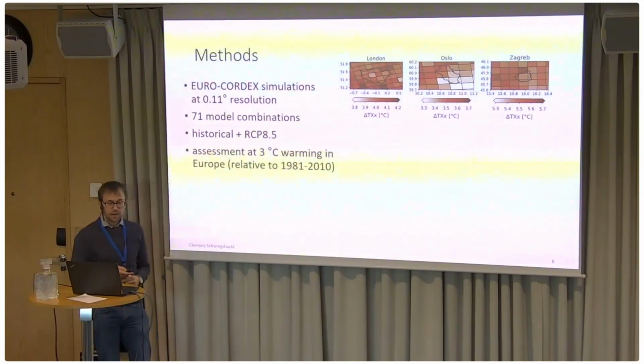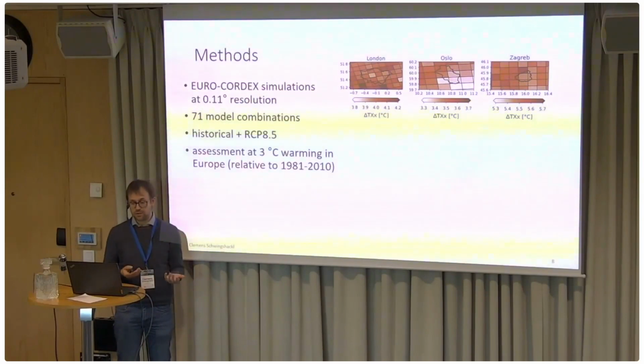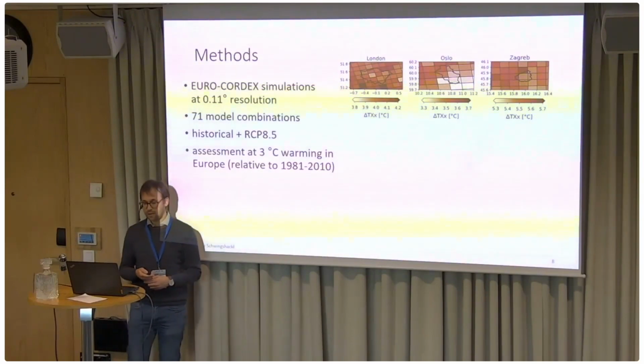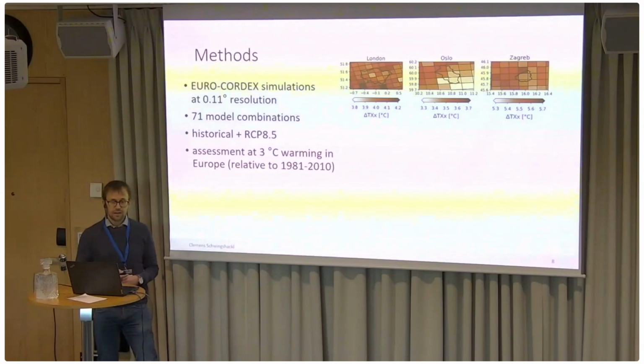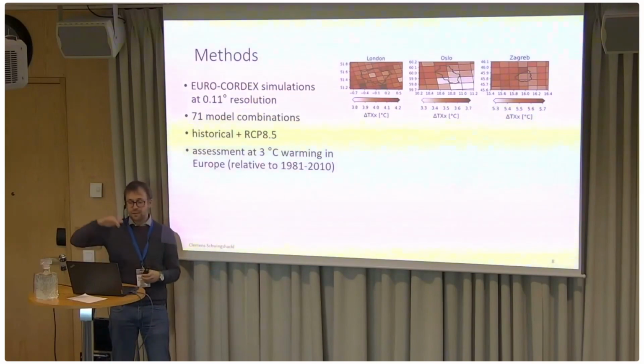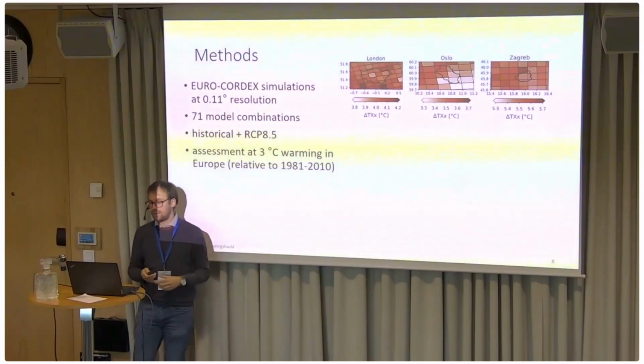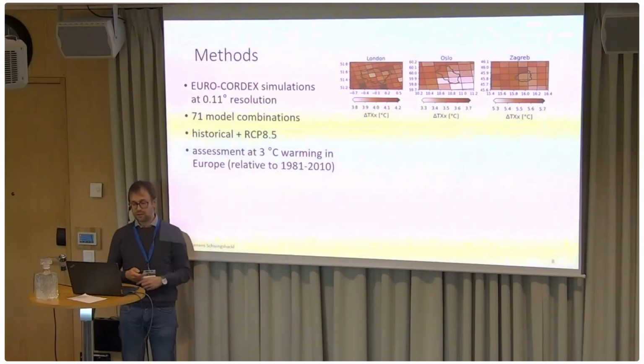There are 71 model combinations available from these EURO-CORDEX simulations, which is quite a lot for climate models. Then we use the historical simulations and the RCP 8.5, which is the really high emission scenario. To become independent of these high emissions, we evaluate the ambient heat at 3 degrees warming in Europe, relative to 1981 to 2010. And this more or less is the time when global warming also reaches 3 degrees.